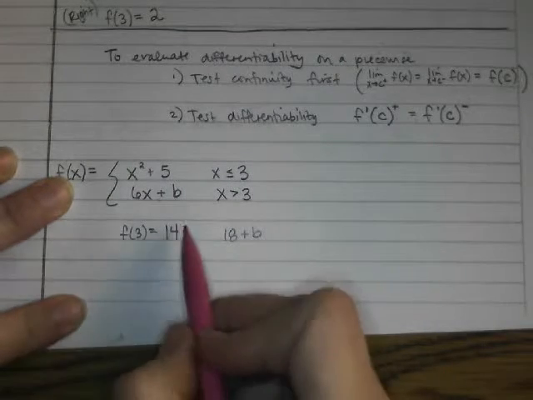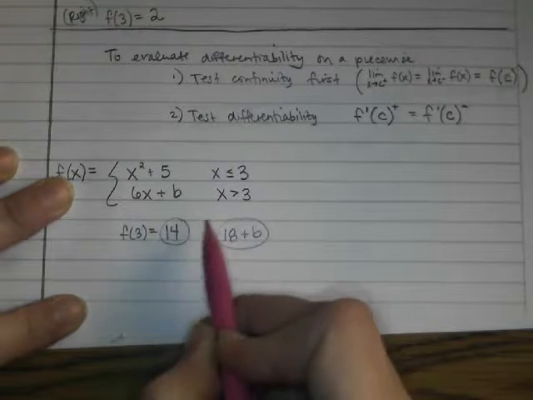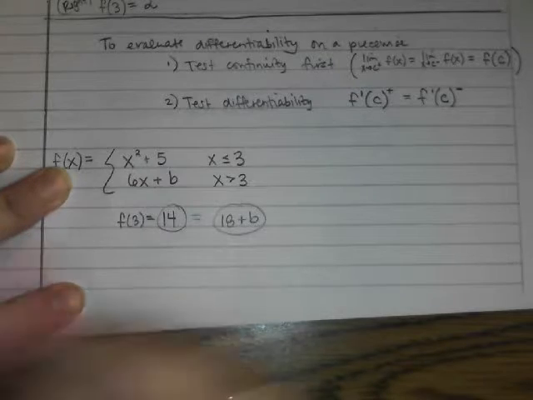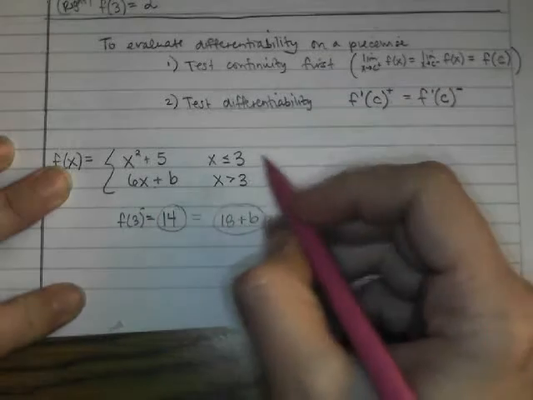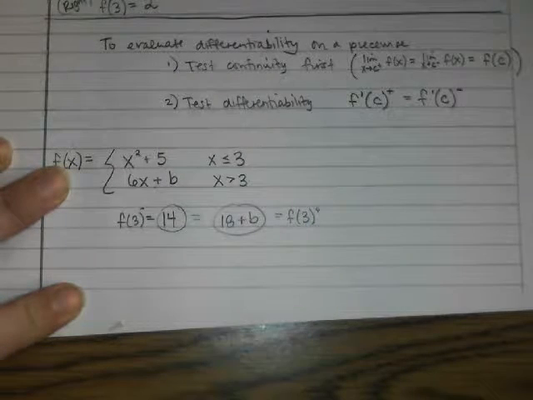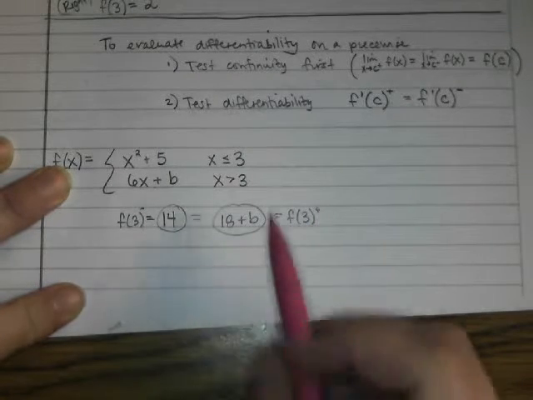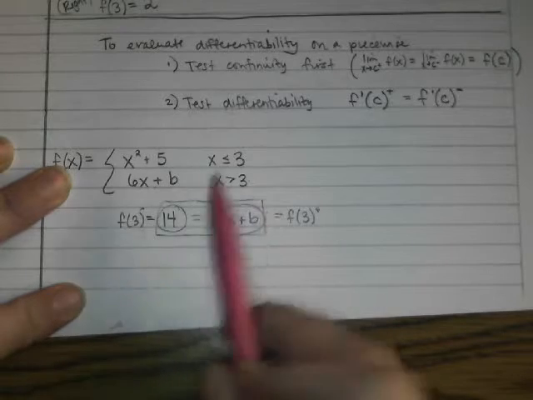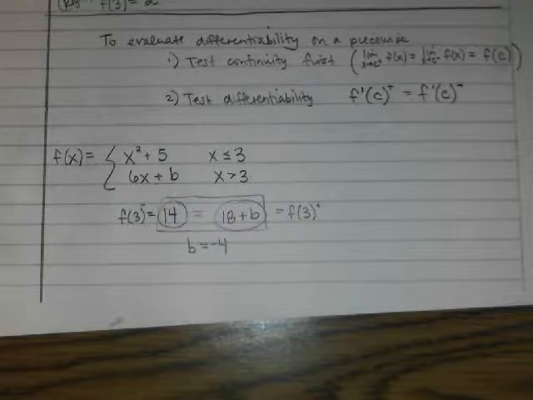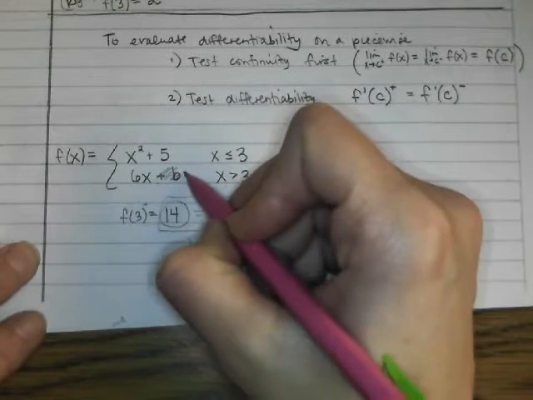And these need to be equal. f of 3 coming from the left and f of 3 coming from the right. And so what would b need to be if these two need to be equal? -4. Okay? So in order to even have a chance at being differentiable, they have to be continuous. So we found that b would have to be -4.